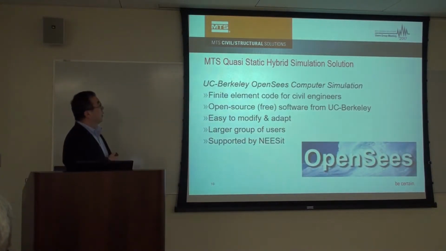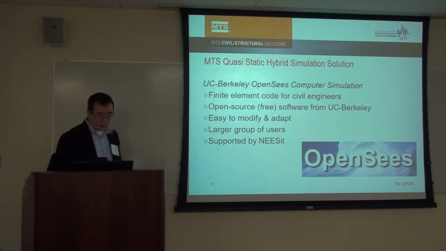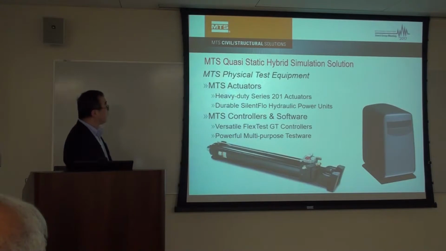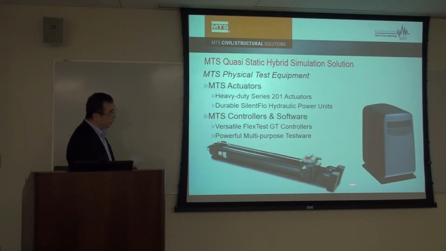So in this solution, a lot of our customers use OpenSees, and because of the time constraint, I do not want to go very deep into OpenSees. So you need hardware. A regular controller and slow actuator is fine.